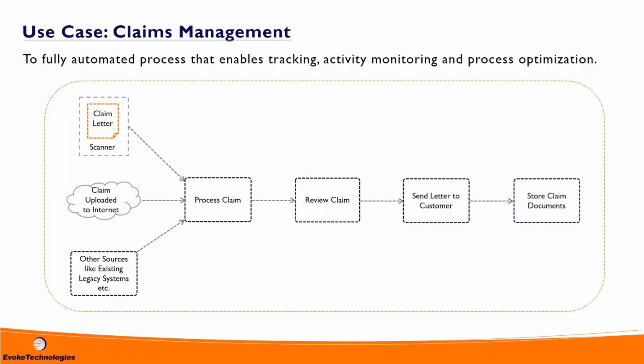And then the review step is where you look at the parameters, followed by sending the letter to the customer and storing the documents. So what you're seeing here is a conceptualized diagram where each of these steps could be looked at as system components.